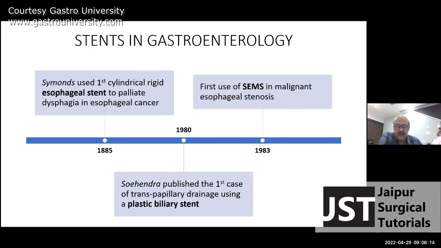In 1980, Soehendra published a case report of transpapillary drainage by a plastic stent in biliary obstruction. And then the first use of stents in malignant esophageal stenosis was in 1983.